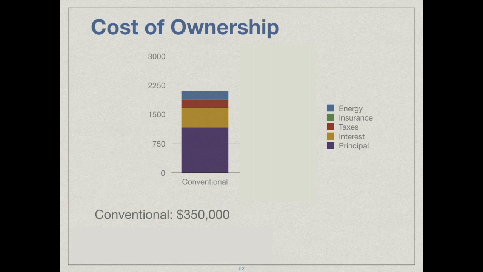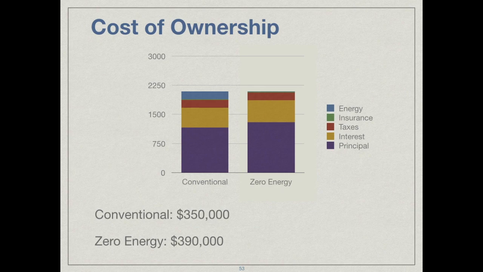Let's say that you can shift money from the energy costs into the principal and interest. So your zero energy house could cost $40,000 more. You could be paying $390,000, and yet your out-of-pocket monthly expense is the same. It's just that instead of sending a check to the utility company, you're sending a bigger check to the mortgage lender for principal and interest.